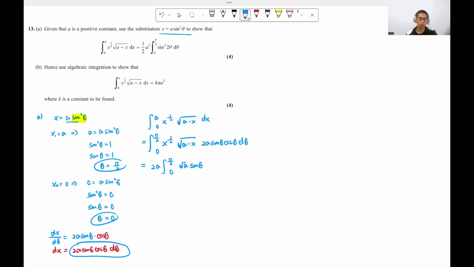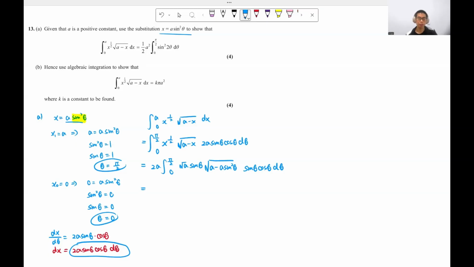Just square root each one of them. So root a, just root a, and then root sin²θ, just sin θ. And then the square root of (a − a sin²θ), and then sin θ cos θ dθ stay the same.